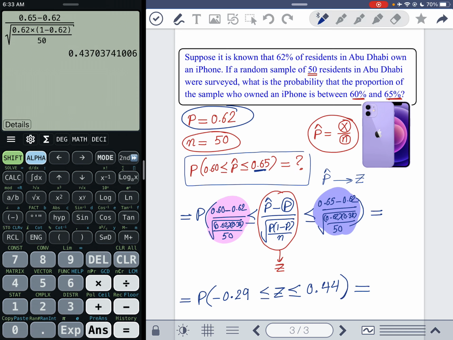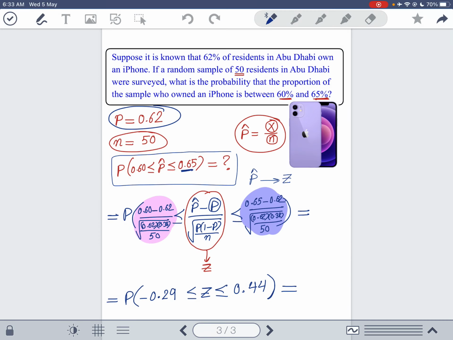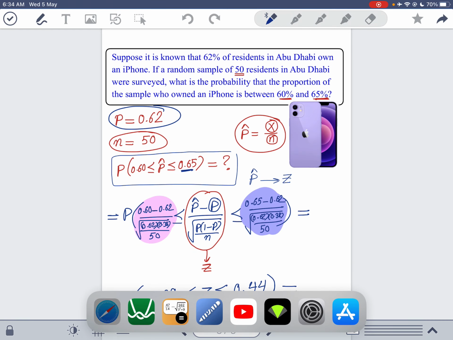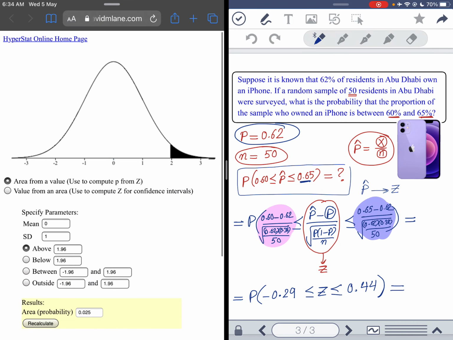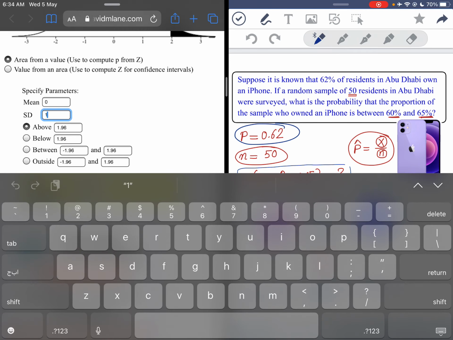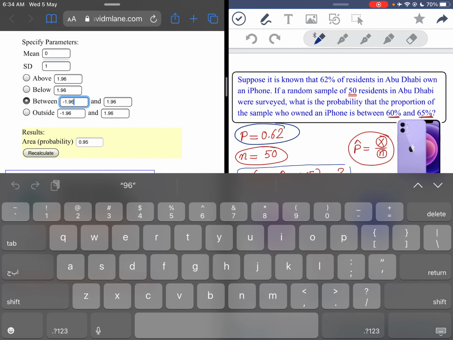And now, what do we use? We're going to use our online calculator to do it. So let's go there and set the things here. Since we are using the z-score, this makes us able to leave the mean and standard deviation as 0 and 1. And so we just want to say between, let's see, between what and what?